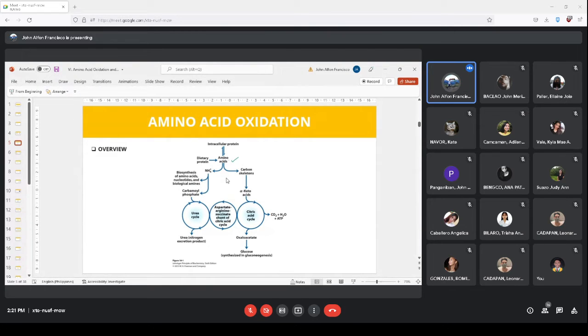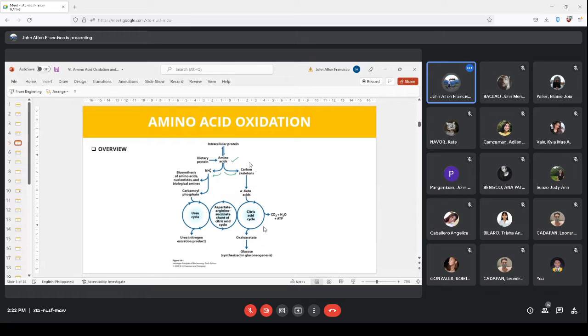This amino acid will be cleaved, leaving your amino group and your carbon skeleton. So this is what happens generally in your amino acid. Ang una muna niyang ginagawa is to cleave the amino group. Then your carbon skeleton will undergo different catalytic processes in order to prepare for the other catabolic pathway.